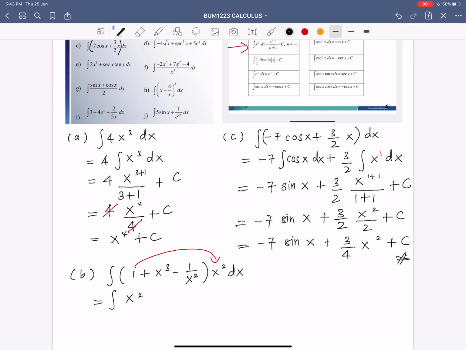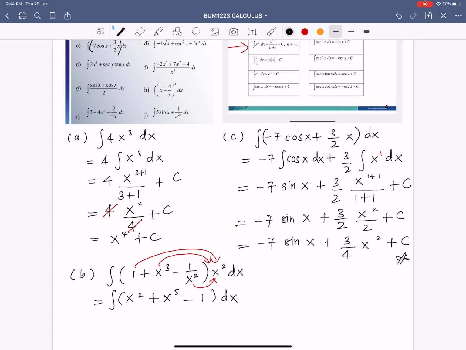And then we multiply x cubed with x squared, and then we multiply -1 over x squared with x squared. So it is equal to integration of x squared plus x power of 5 minus 1. As I said, because we have plus minus here, we will put a bracket here. So dx.